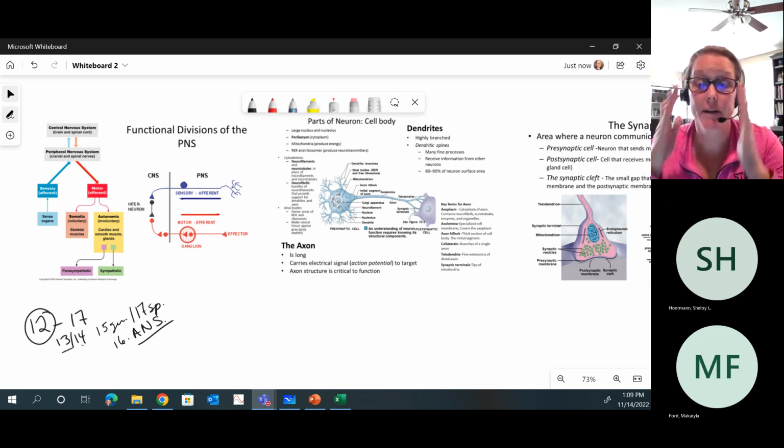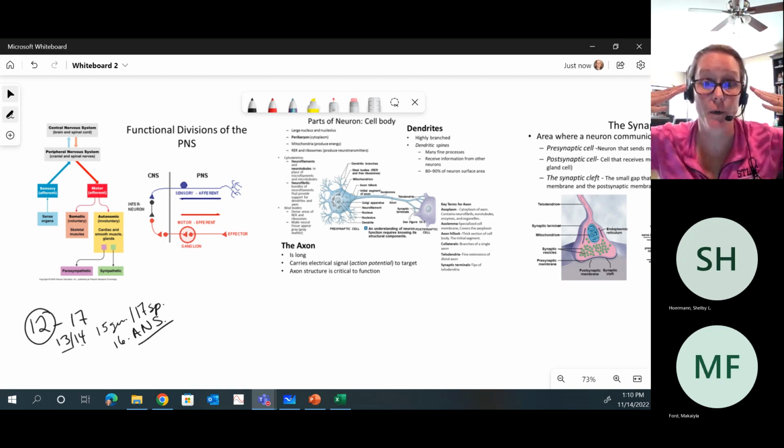And it starts with just the organization of the nervous system. When we look at the organization of the nervous system, you know that there's the brain and spinal cord, anatomically, that are encased in bone. That is the central nervous system. And then you have the cranial nerves that have information from neurons going out, and they get information from sensory neurons going in.